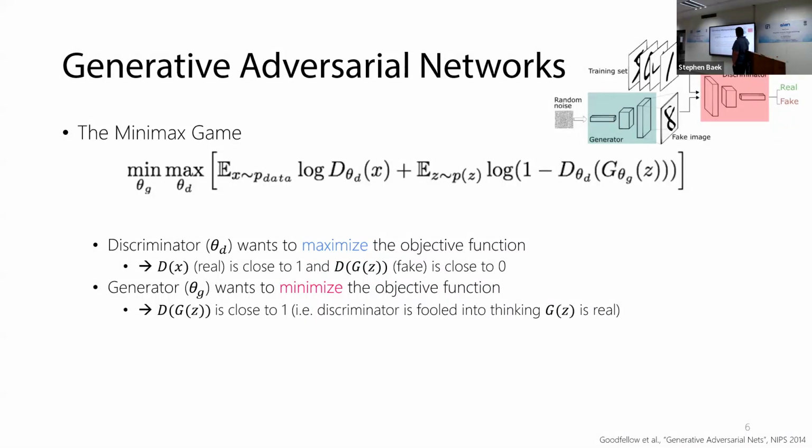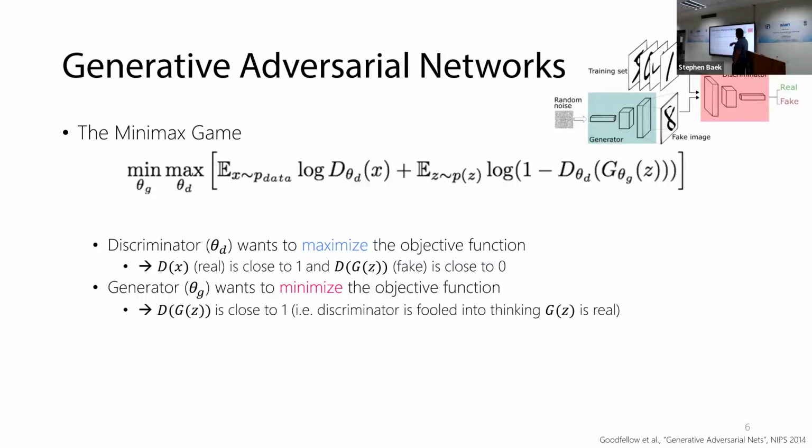And from that random number Z, the capital G is the generator, and the generator will try to generate an image from a given random seed Z. That generated image will then be fed into the discriminator, which will then try to spit out either 1 or 0, the probability of being real.